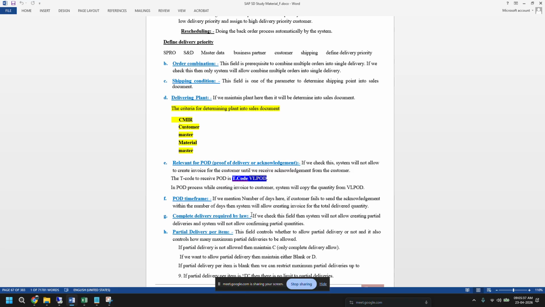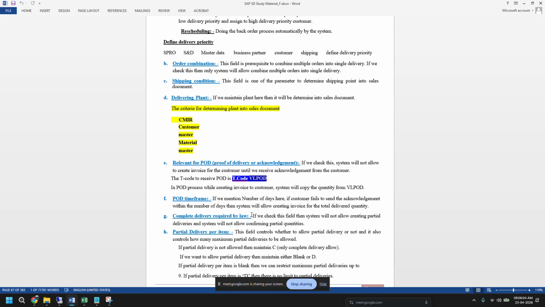Another advantage of having this POD: let's say you sent 10 ton of some coal material, but the customer only received 9 ton, for some reason, let's say by air it got swept away, or some moisture came and something happened. Now you are also agreeing, I understood, I said 10 ton, but 1 ton got lost, and I can bill only 9 ton.